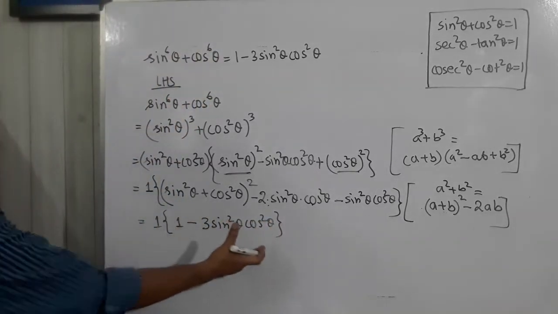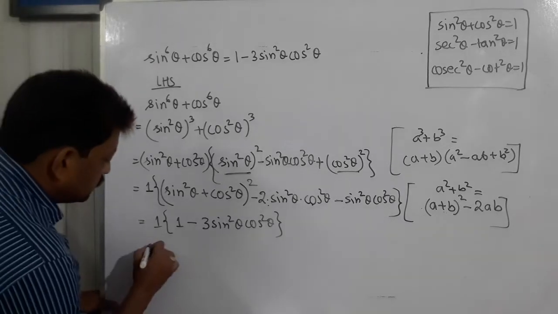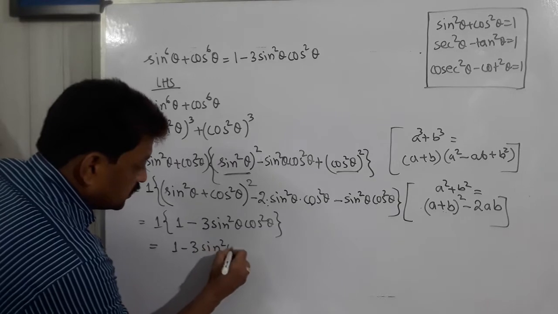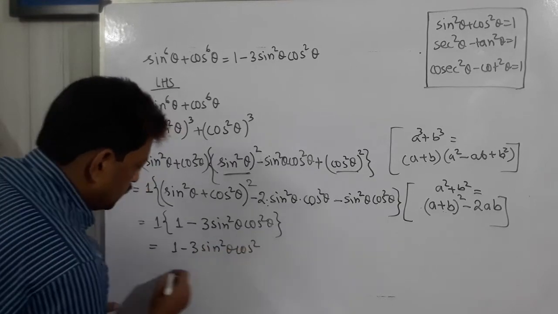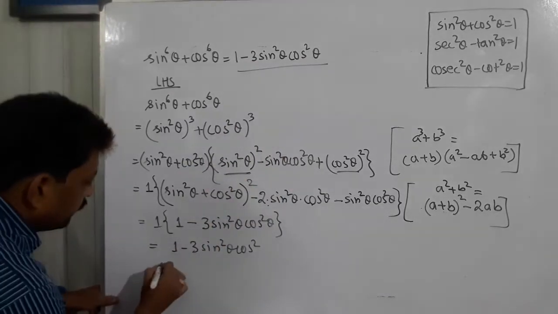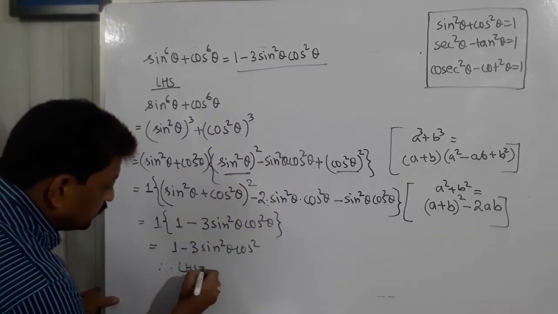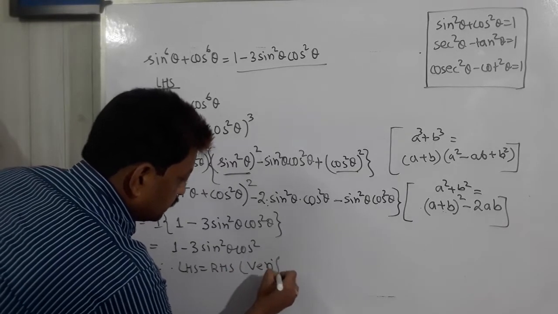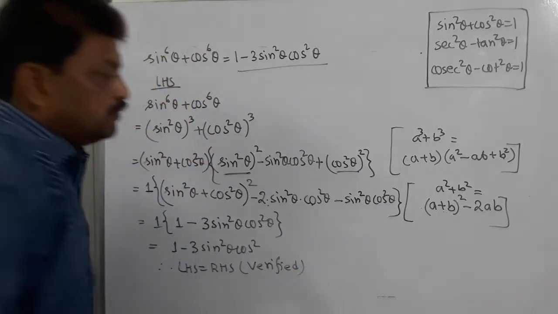So 1 multiplied with these, that is 1 minus 3 sine square theta cos square theta, and this is the RHS. We have to prove this one only. Therefore LHS equals to RHS verified. Understood?